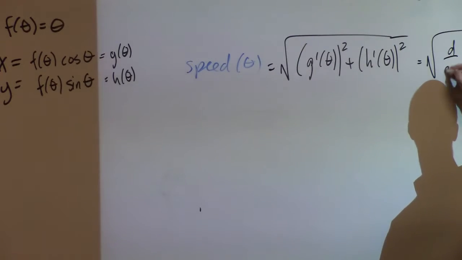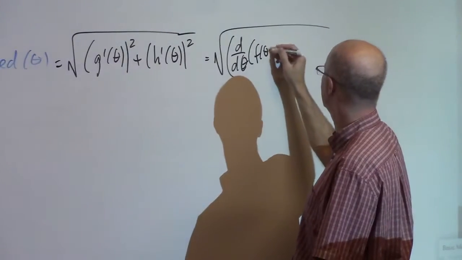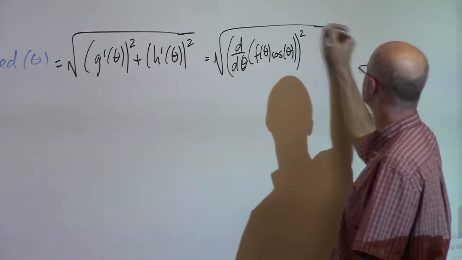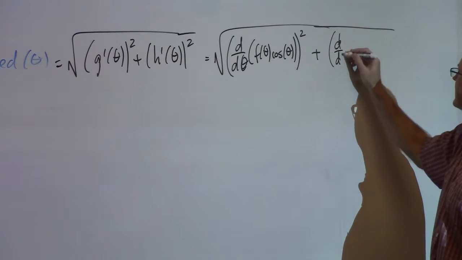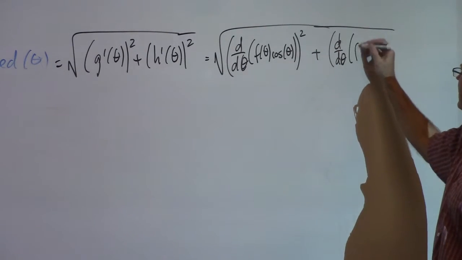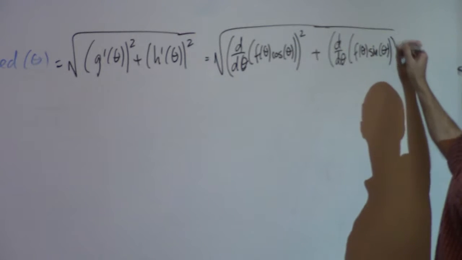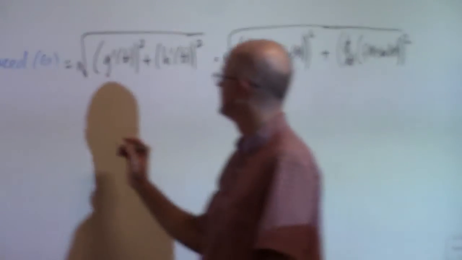That's the derivative with respect to theta of f of theta cos theta, lots of parentheses here, squared, plus the derivative with respect to theta of f of theta sine theta, squared. And for each of those, I've got to use the product rule when I differentiate.